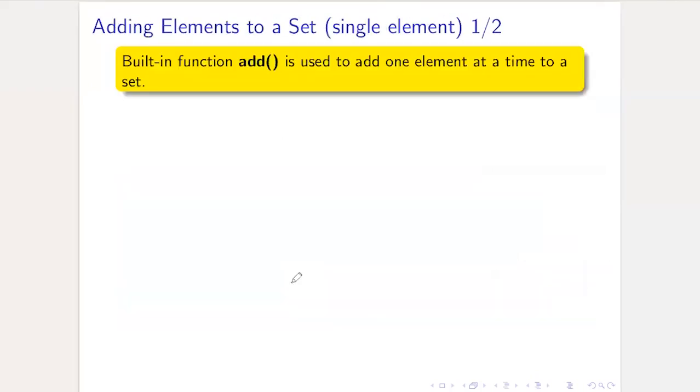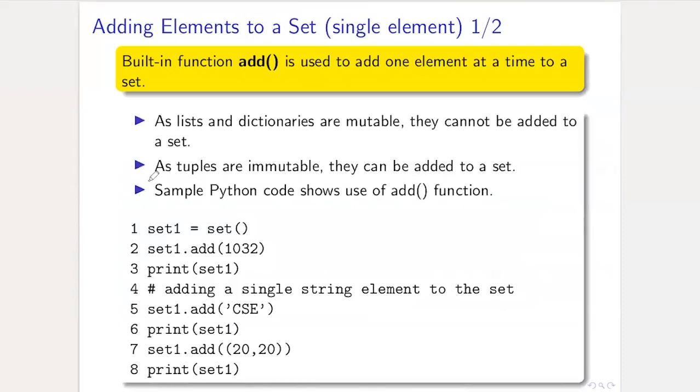Okay. Very useful. So let's look at some built-in functions we have here for the set. The add function allows you to add 1 element at a time to a set. Because the set is mutable, we can do this.